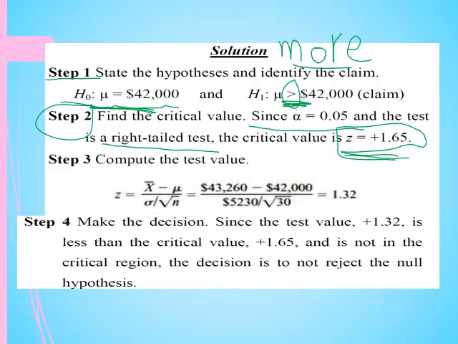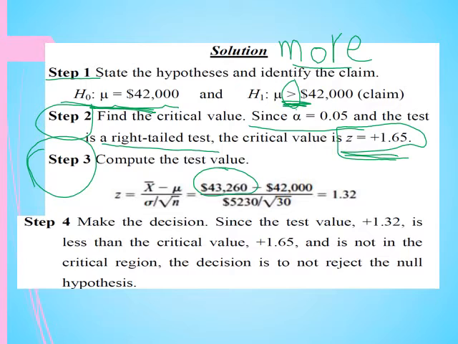Now in step 3, we compute the test value by using the Z formula mentioned in the previous slide. Here, X bar is the mean obtained from the sample, or the sample mean.